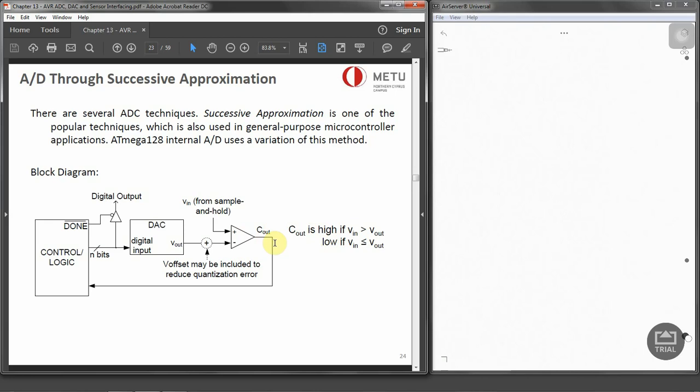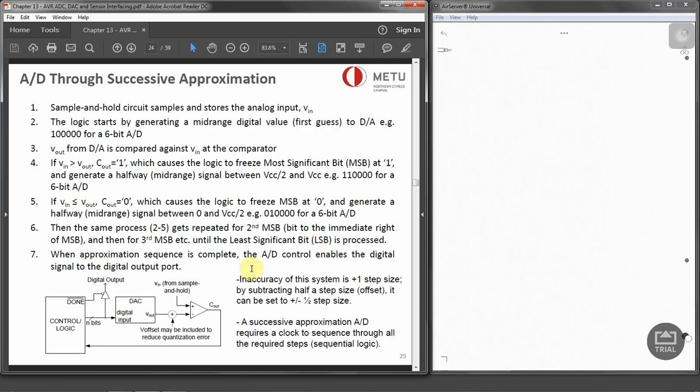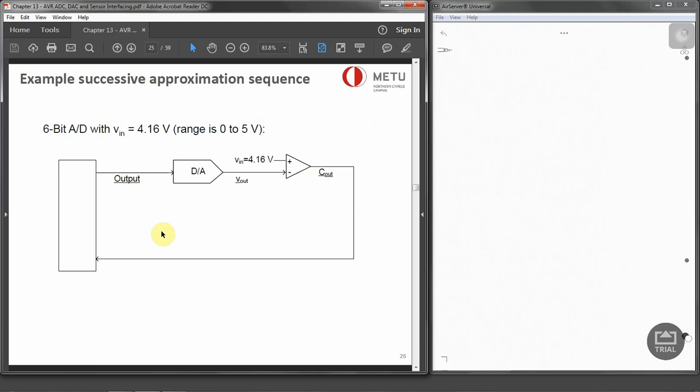So I'm just going to show you an example. This is just showing the steps which I already described over here, but with an example I think it will be much easier to understand. It says 6-bit analog to digital conversion with V-in is 4.16 volts and the range is 0 to 5 volts.